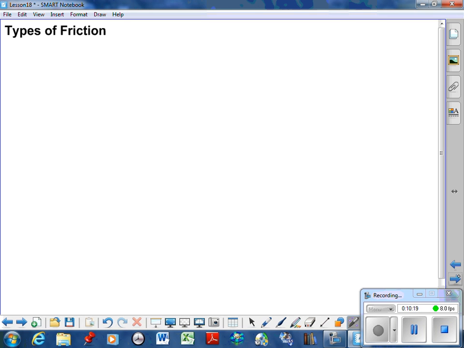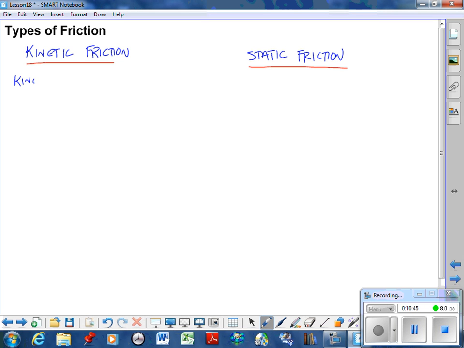All right, so types of friction. There are two types of friction. There is kinetic friction, and then over here we'll go with static friction. So what's the difference between the two? Kinetic occurs when there is motion.